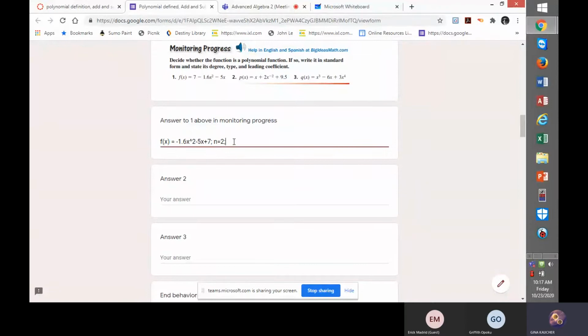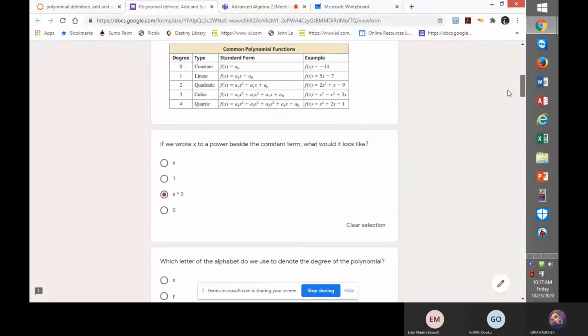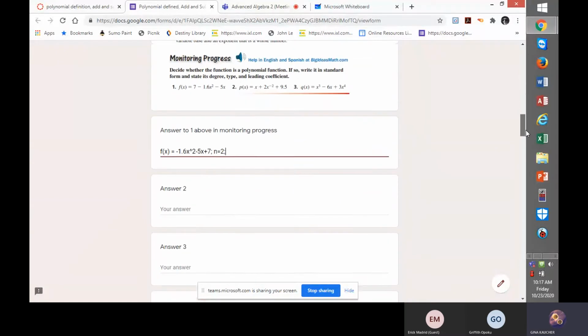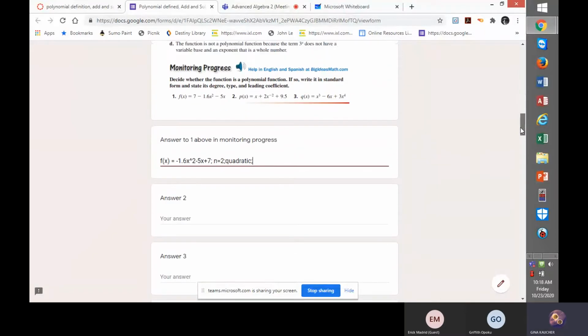And then after that, the type, and you want to go to the table. So if your degree is 2, that's your quadratics, of course. So your type is quadratic. You can get that from the table. And then lastly, there's something else you have to do.